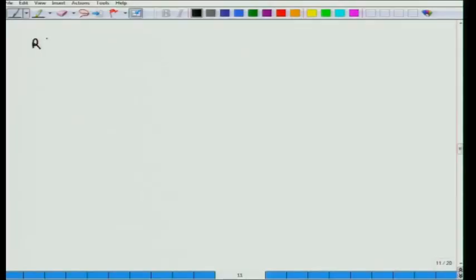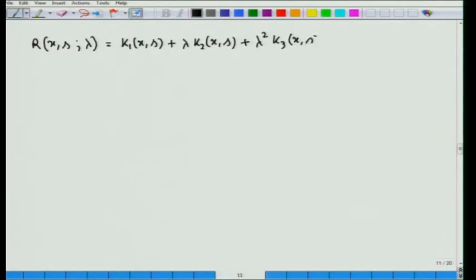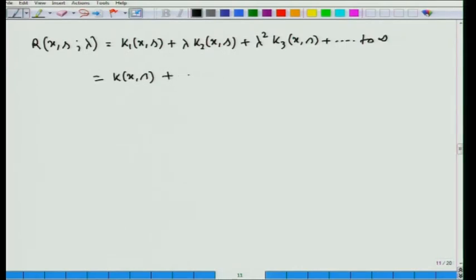We start with the definition, that is R(x, s; lambda) is equal to K_1(x, s) plus lambda K_2(x, s) plus lambda squared K_3(x, s) plus and so on up to infinity. Since K_1(x, s) is actually K(x, s), we can write this as K(x, s) plus summation n running from 1 to infinity of lambda to the power n K_(n+1)(x, s).